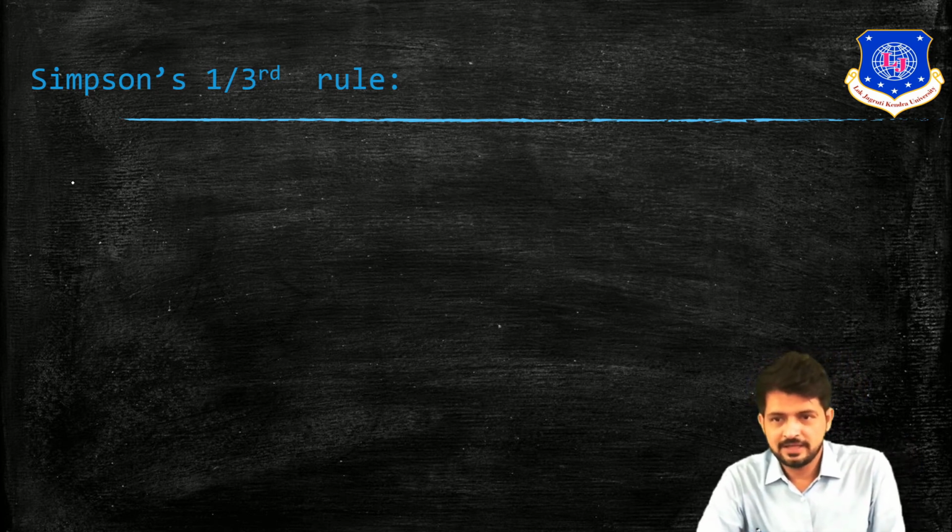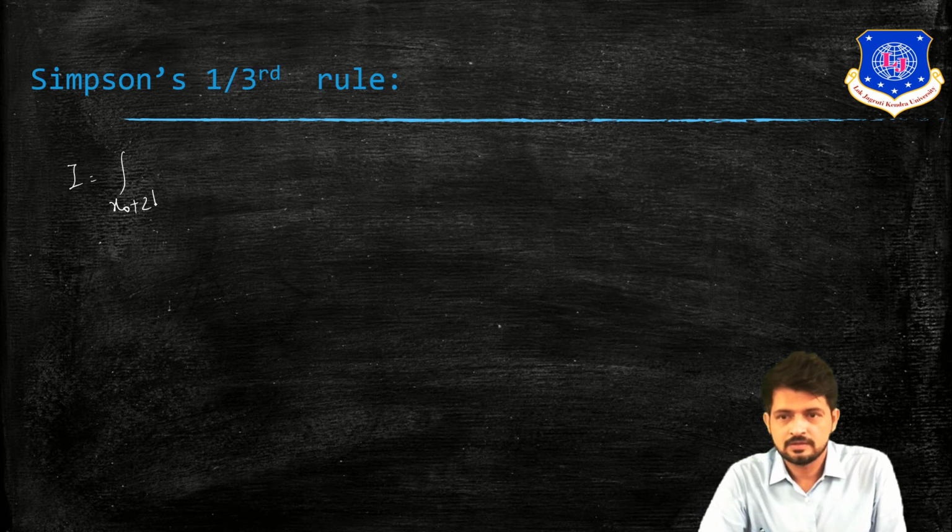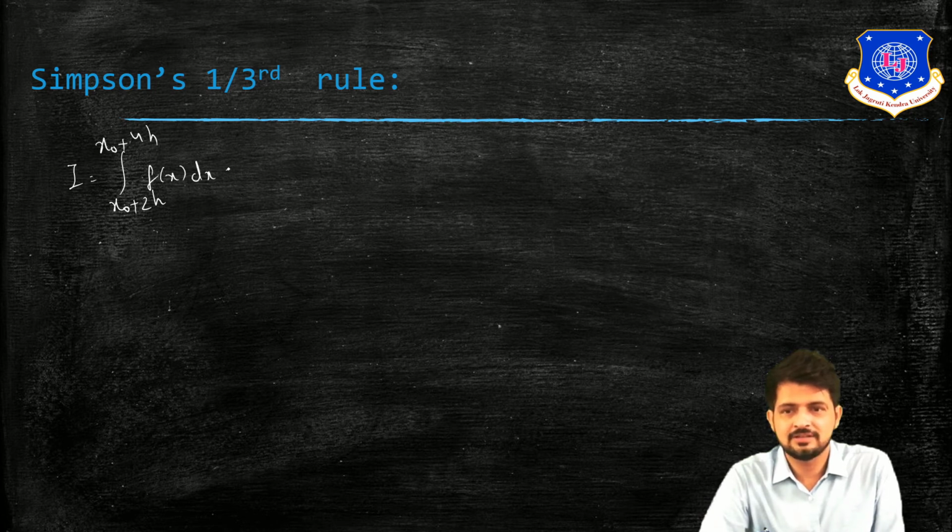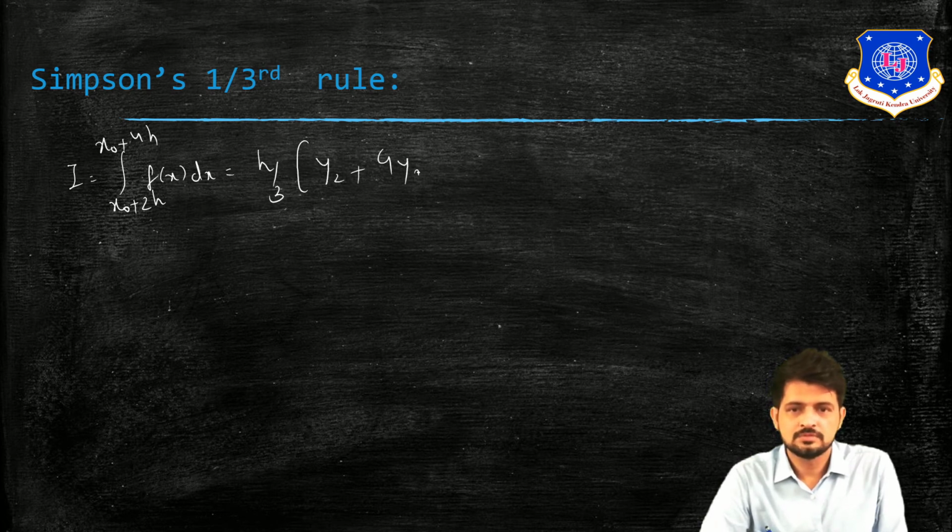If I take the integration from x0 plus 2h to x0 plus 4h, then my answer will be h by 3, y2 plus 4y3 plus y4.